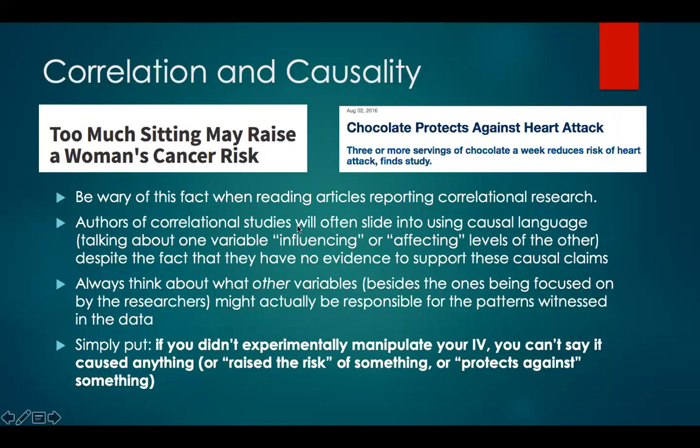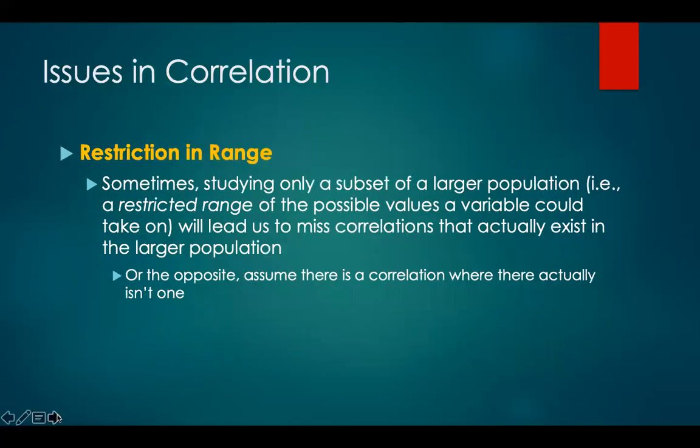Authors of correlational studies will often slide into using causal language, talking about one variable influencing or affecting levels of the other, despite the fact that they have no evidence to support these causal claims. So always think about what other variables, besides the ones being focused on by researchers or journalists, might actually be responsible for the patterns witnessed in the data. Simply put, if you don't experimentally manipulate your independent variable, you can't say it caused anything, or raised the risk of something, or protects against something.